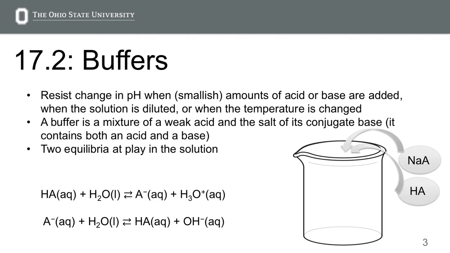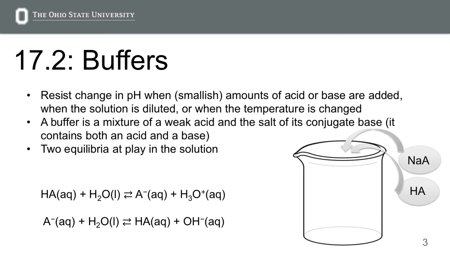So what a buffer does, and you've probably seen this in your bio classes or somewhere else previously, a buffer resists change in pH when small amounts of strong acid or base are added, or when we dilute the solution, or when the temperature is changed. It buffers a change in pH. It basically makes it so it doesn't occur to a large extent.